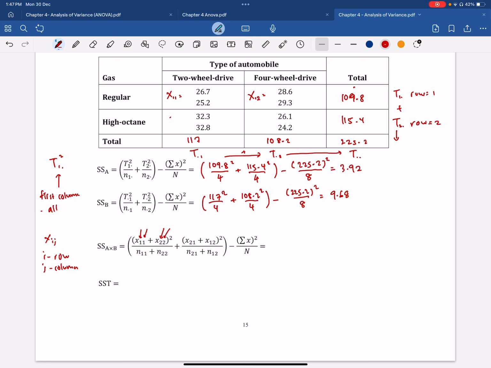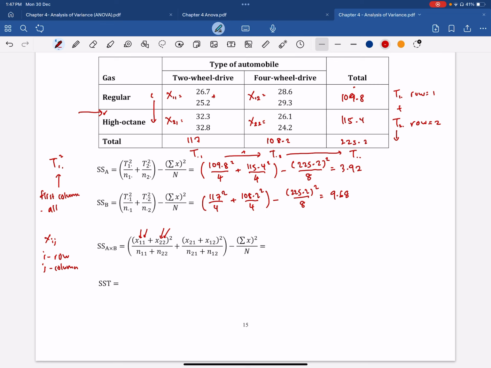This is the second row and the first column, and this is the second row and the second column. So how do we get this particular value?